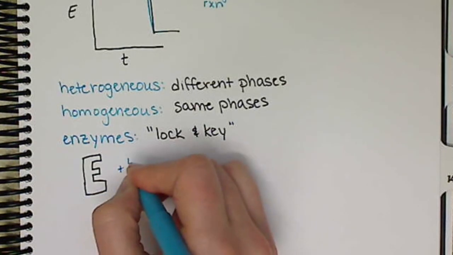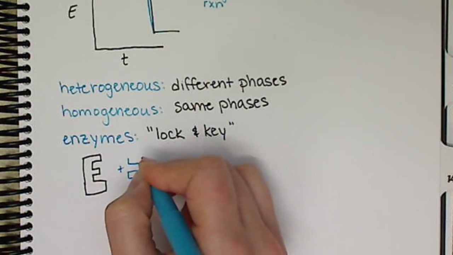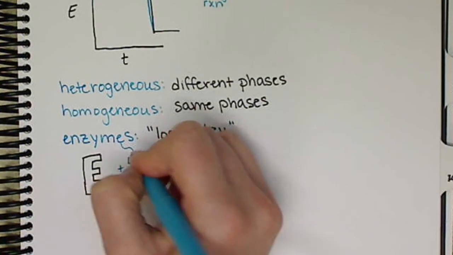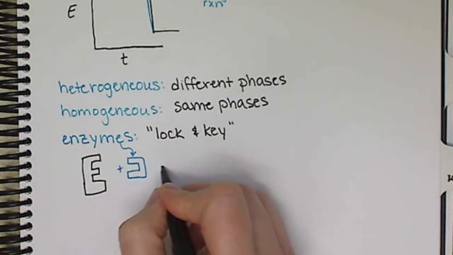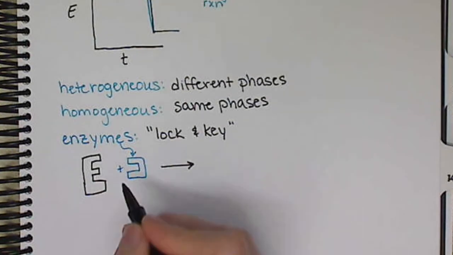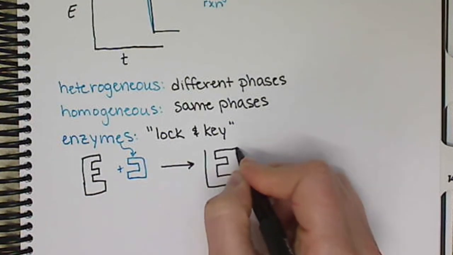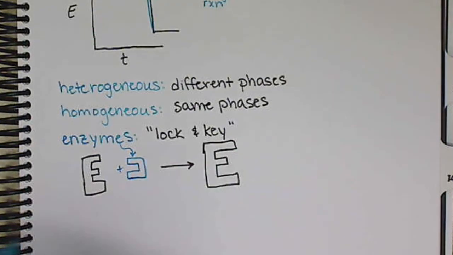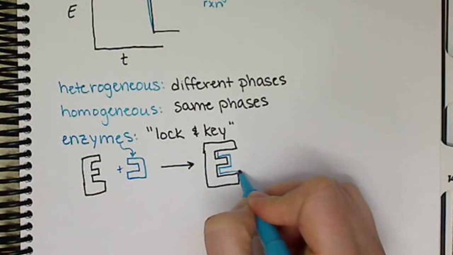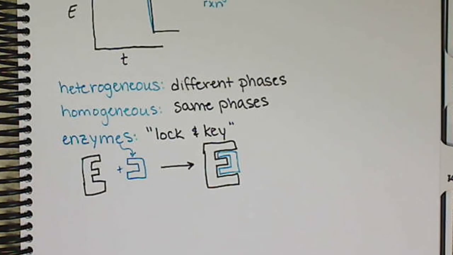So we could have, say, something like this. This would be our enzyme. Our catalyst, our enzyme, then does some sort of bonding with our substrate there, our other molecule.